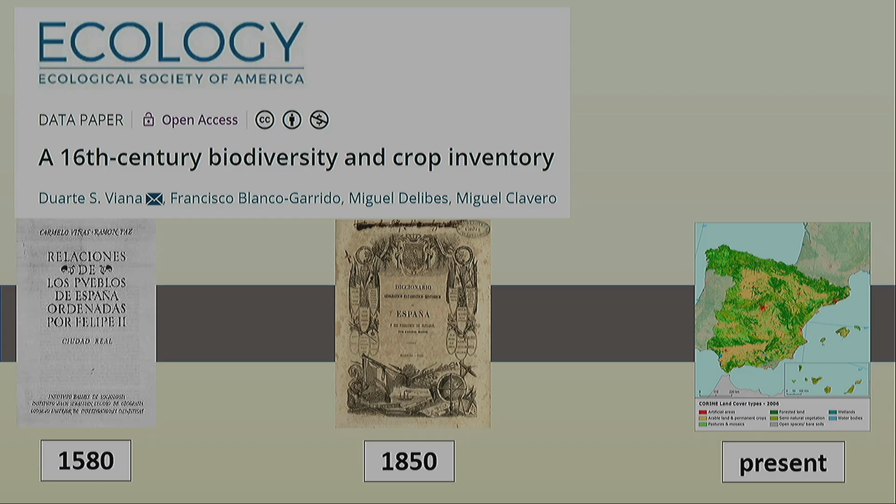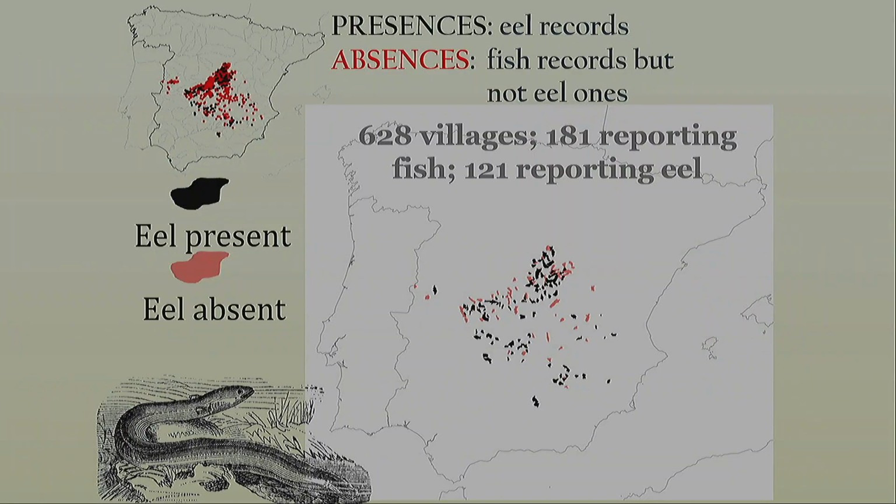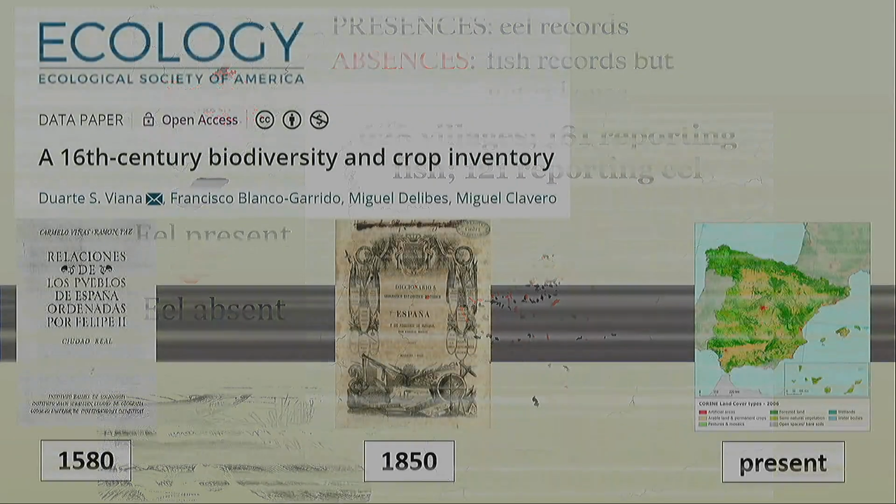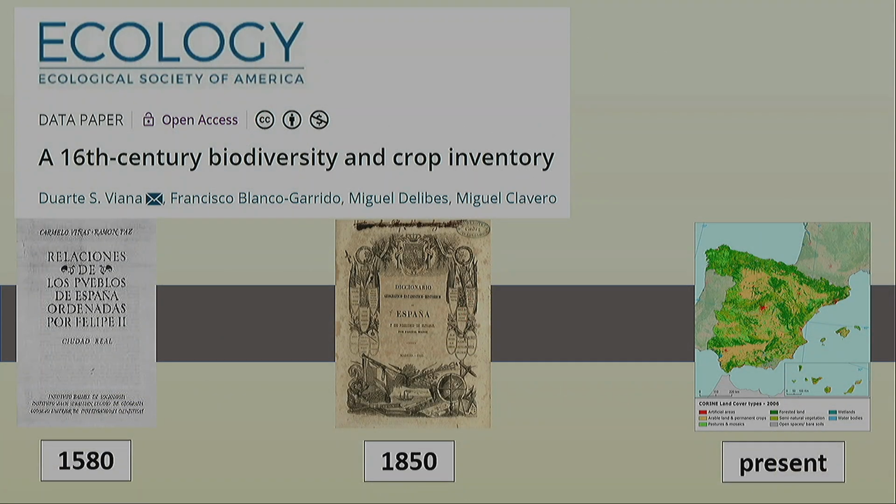But there are almost 700 villages, or 630 villages, with answers to the questionnaire, and we have used those data. Those data are now publicly available for everyone. They are in GBIF, and this is the data paper we published with Duarte, led by Duarte.